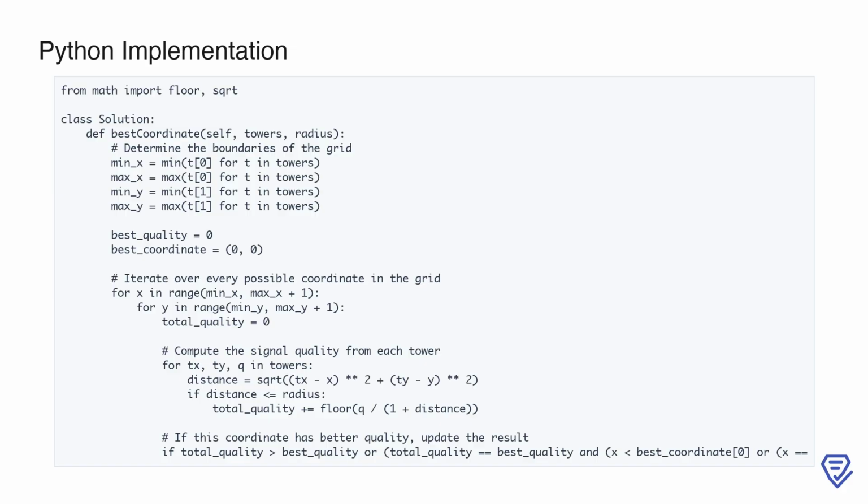This is done by iterating over the list of towers and calculating the distance between the current coordinate and each tower's position. If this distance is within the given radius, the signal quality from that tower is added to the total. The quality contribution from each tower is calculated using the formula floor(q / (1 + distance)), which accounts for the signal strength and its attenuation with distance.